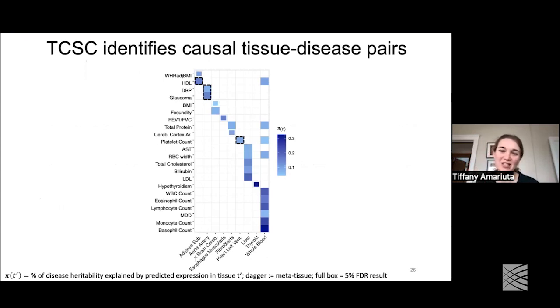The reason why we divide that quantity by the common SNP heritability is just to make it a bit more comparable across traits. Full boxes indicate an FDR of 5%, and smaller boxes represent an FDR between 5 and 10%. On the next slide, I'll get into some examples, but the ones with full boxes are the 21 tissue trait pairs that I talked about on the previous slide.